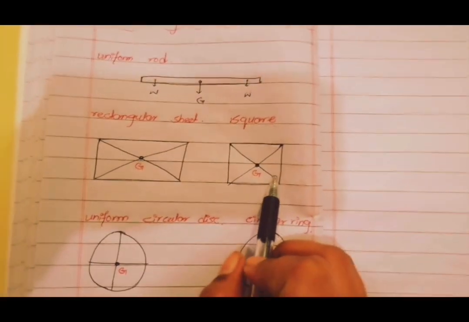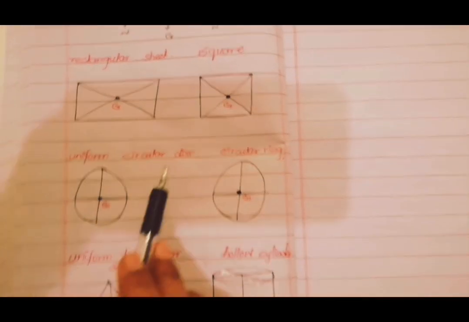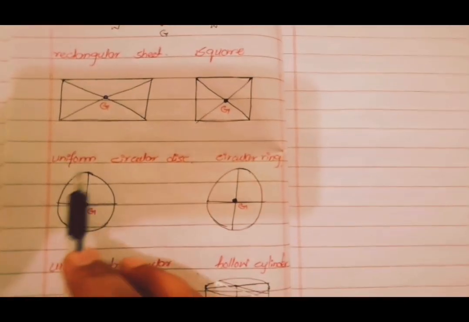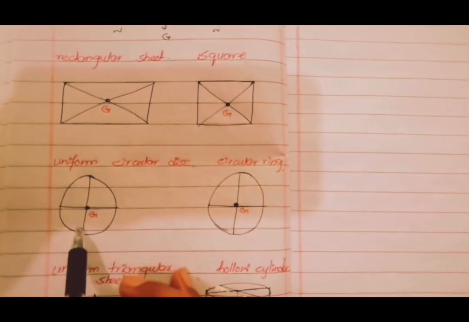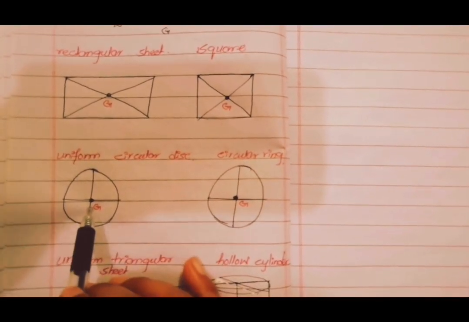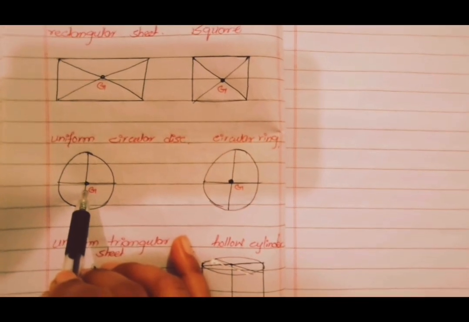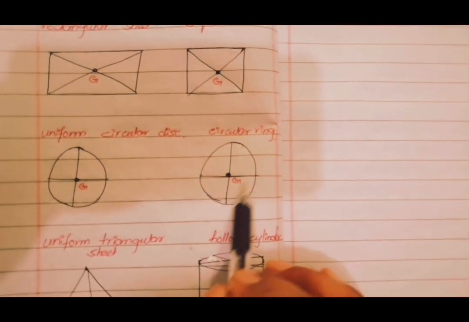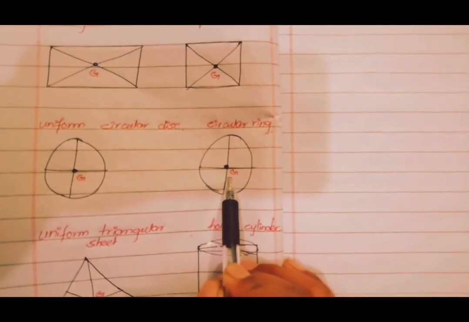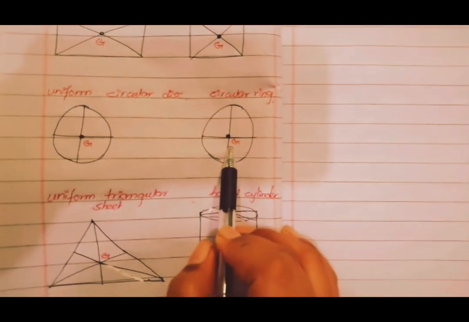In a uniform circular disc or in a circular ring, instead of intersections we draw the diameter. So this central point is called the center of gravity of the circular disc, and the central point is called the center of gravity of the circular ring.